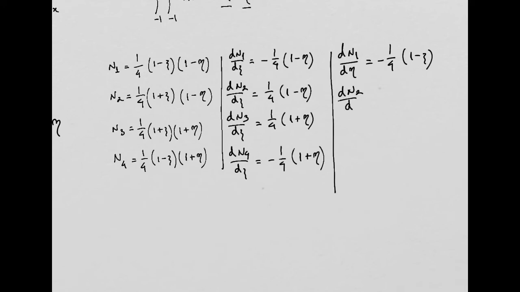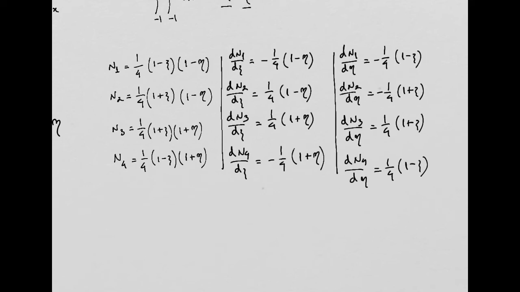Derivative of N2 in order to eta is going to be equal to minus 1 over 4 (1 plus xi). Then N3 is 1 over 4 (1 plus xi), and derivative of N4 in order to eta is going to be equal to 1 over 4 (1 minus xi), right? So these are our derivatives.